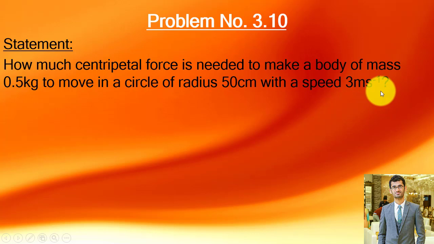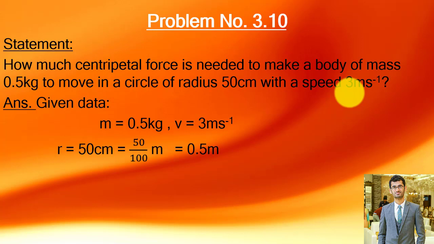Dear students, this is also a very important numerical, and this is a very simple numerical. We can use the formula of centripetal force in this numerical to find the answer.